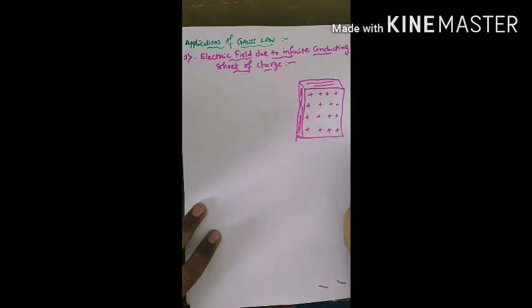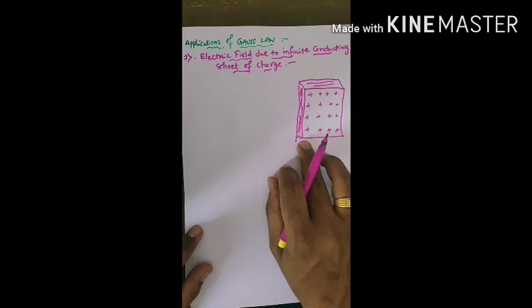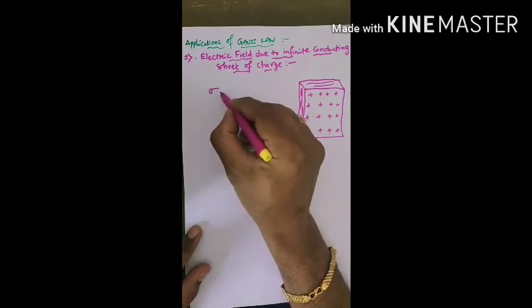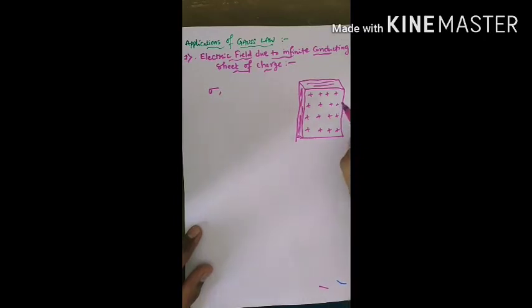Okay, this is an infinite conducting sheet of charge. As shown in the figure, a charged conducting surface has charge density sigma. We have to determine the electric field at a point P, which is outside or near the surface of the conductor or sheet of charge.